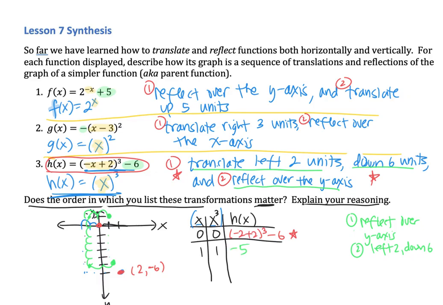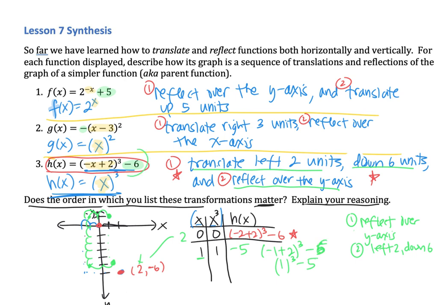So that means if I plug in a 1, sorry, and this didn't make sense here because, like you can see, I plugged in a 2 here. If I plug in a 1 though, I should get negative 5, so let's see what happens. So if I plug in a 1, I would get negative 1 plus 2, I would cube it and subtract 5. Negative 1 plus 2 is 1, 1 cubed minus 5 is, or sorry, 6. Oh, phew, this doesn't work.